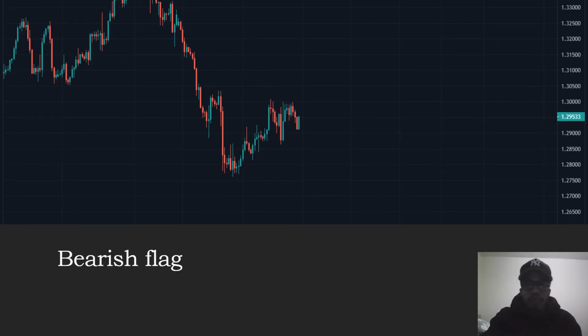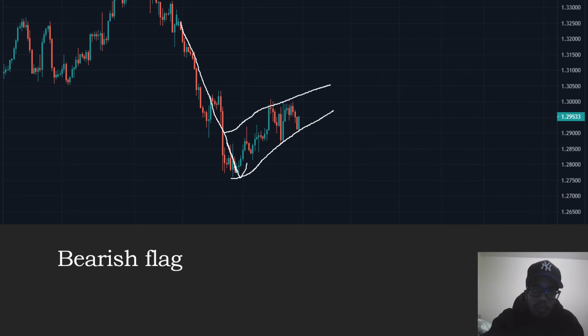We'll also take a deeper look at the bearish flag pattern. As you can see here, we have the downward move, where it then begins to consolidate inside of this zone. We would then expect it to break out of the zone, continuing on its original pattern.